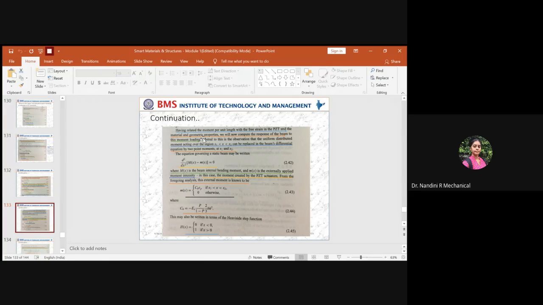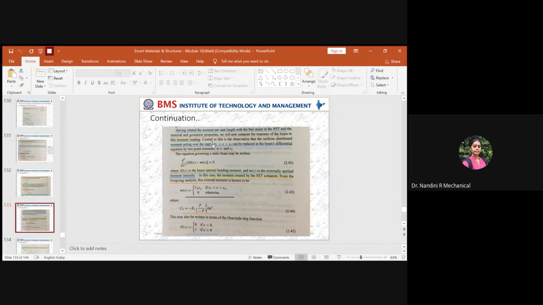Based on that, we now have to compute the response of the beam based on the moment loading. So here one has to understand the two regions of X parameters.